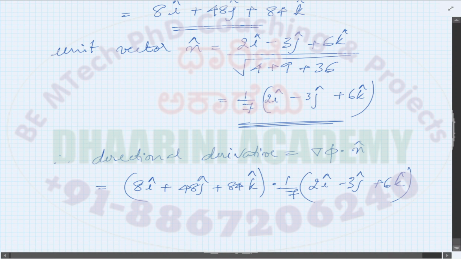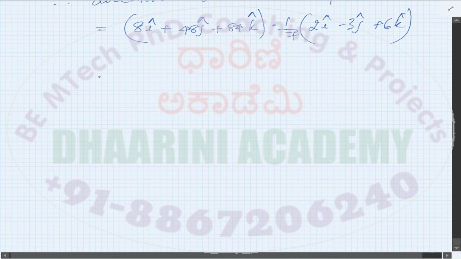When we simplify this, it is equal to 8 into 2, 16, then 48 into minus 3, then plus 84 into 6. That comes to be 376 divided by 7, which is the directional derivative.